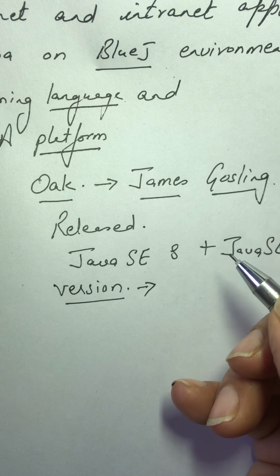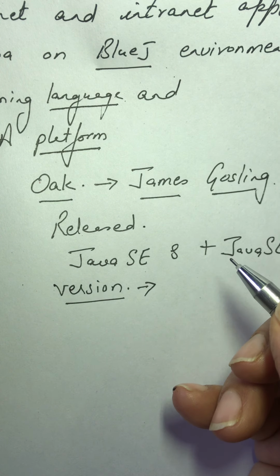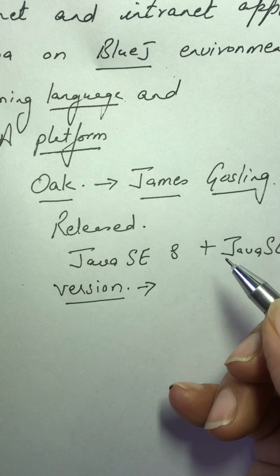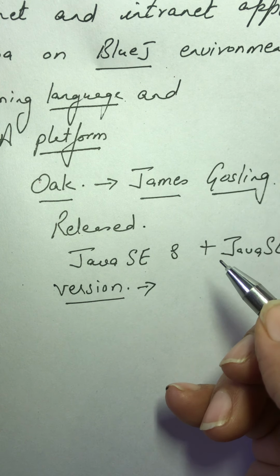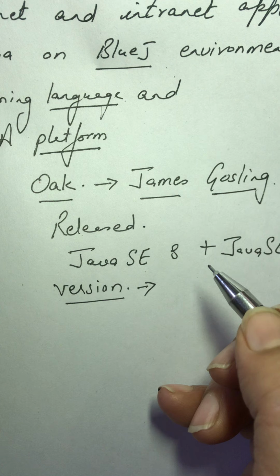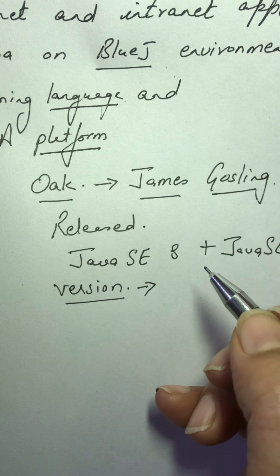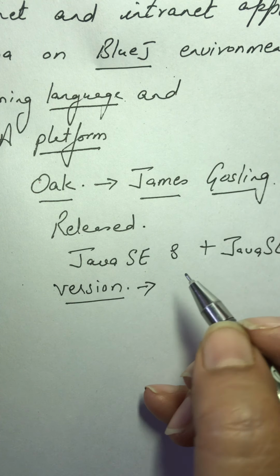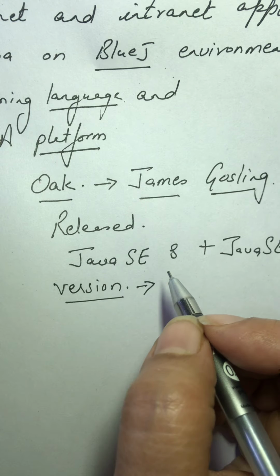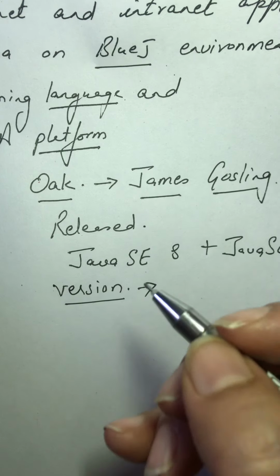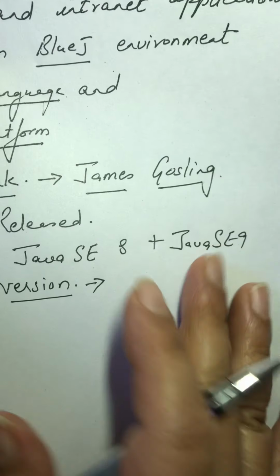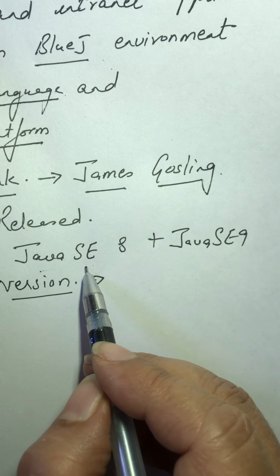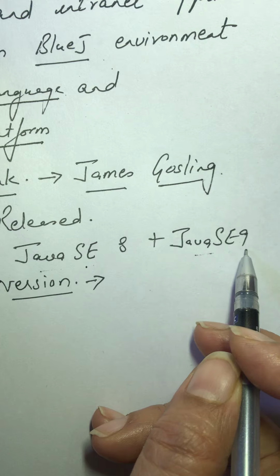Like the books which I used in 2018, if I use them again in 2019, that will be a revised version, meaning there are some changes in it. In the same way, Java has some revised features in the new version. So the latest which is going on right now is Java SE 8 and Java SE 9.